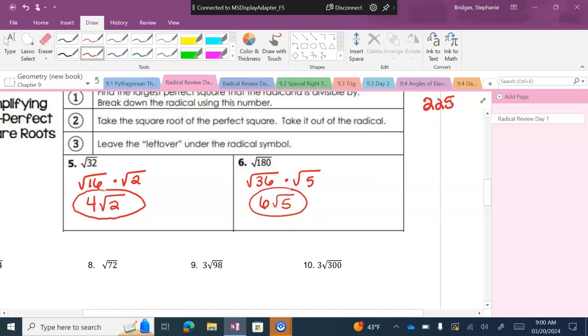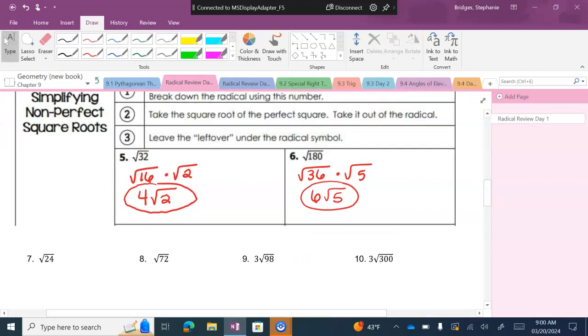Do you guys kind of remember doing this in algebra? Okay. I want you to try 7 and 8. Hold off on 9 because I want to do 9 with you, but go ahead and try 7 and 8. Find the number closest to it on our perfect square list. Divide backwards until you find one that goes in evenly. Then you can split it apart. And remember, it's always the perfect square first. Then what you multiply that by. That way I don't get my numbers confused where they belong.